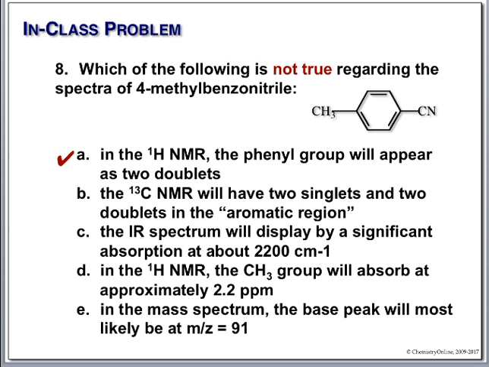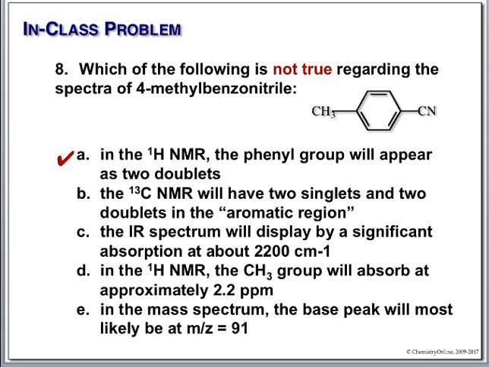C13 NMR. In the C13 NMR, we'll have 2 singlets and 2 doublets in the aromatic region. Now, aromatic region, remember in C13, is down further, 120 up to 160, something like that. We will have 2 singlets and 2 doublets.